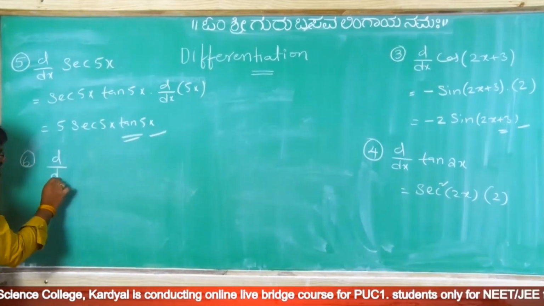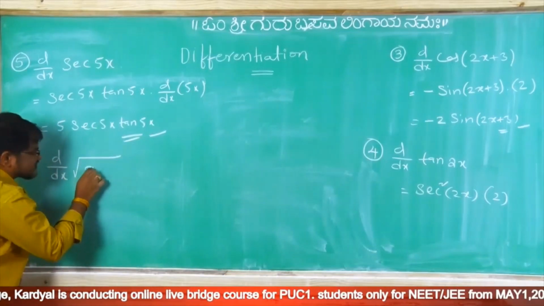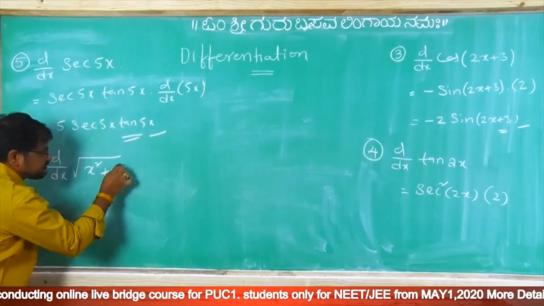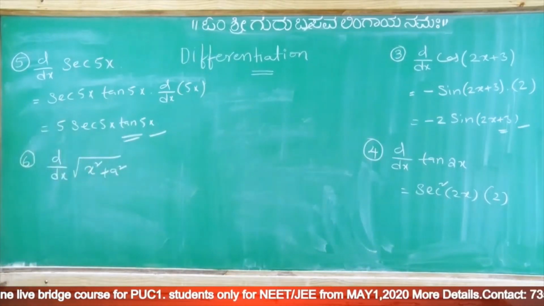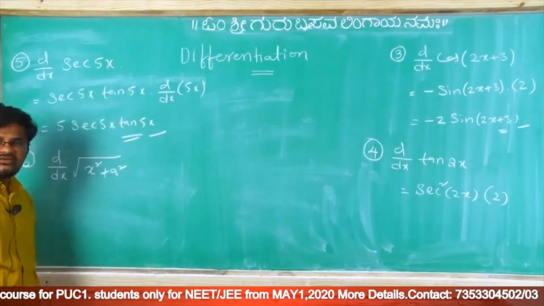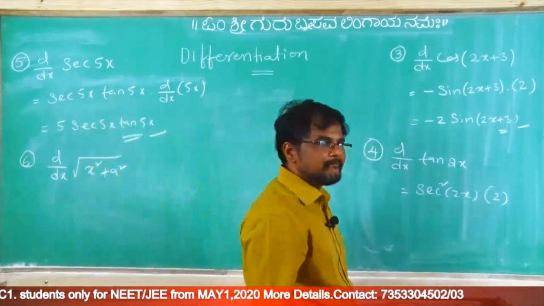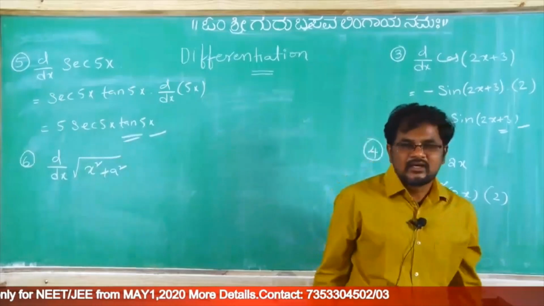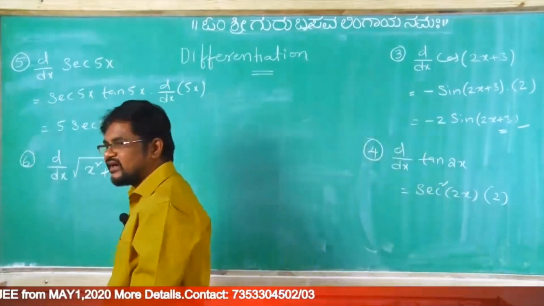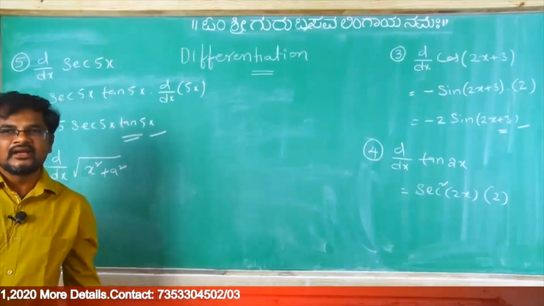d by dx of root of x square plus a square. It is in the form of root x. The differentiation of root x is 1 by 2 root x.